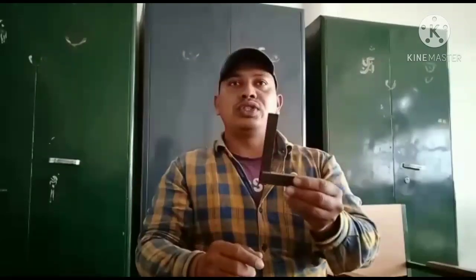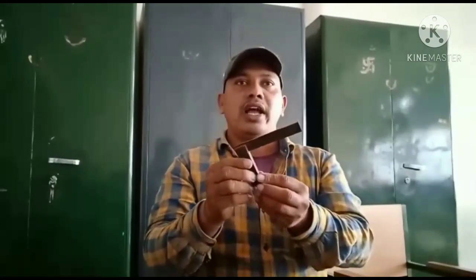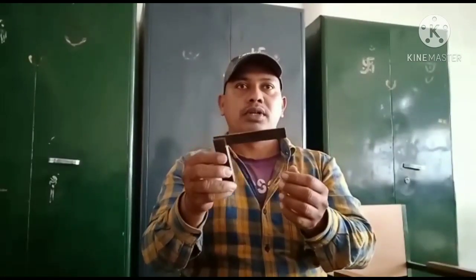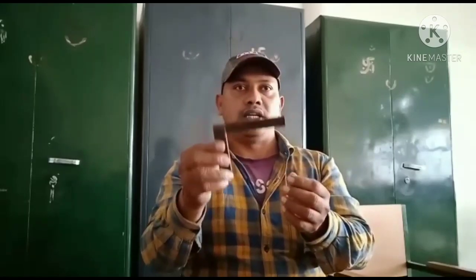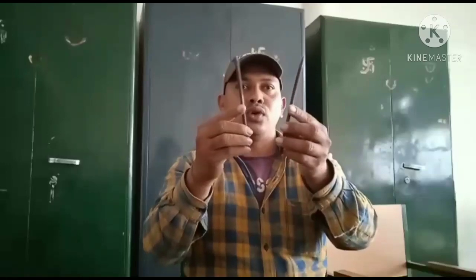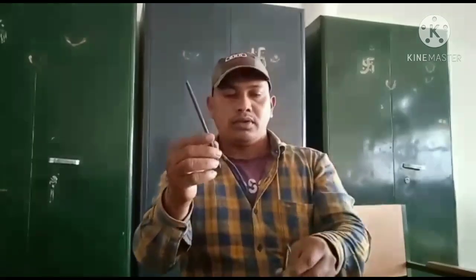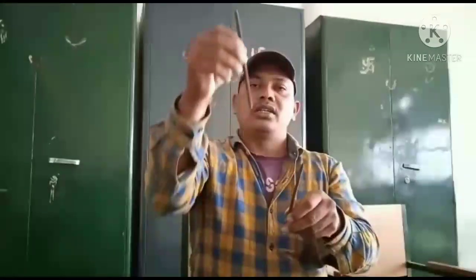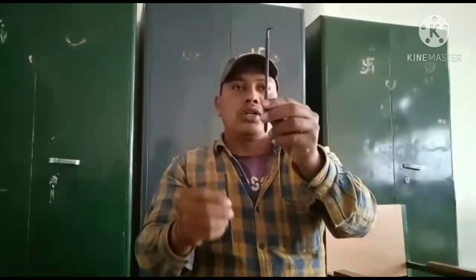It is used to check the right angle and flatness of the job. It is made of tool steel. Scriber. It is used to draw a line on the job. It is of two types. One is straight scriber. Second one is bent type scriber. It is made of high carbon steel.